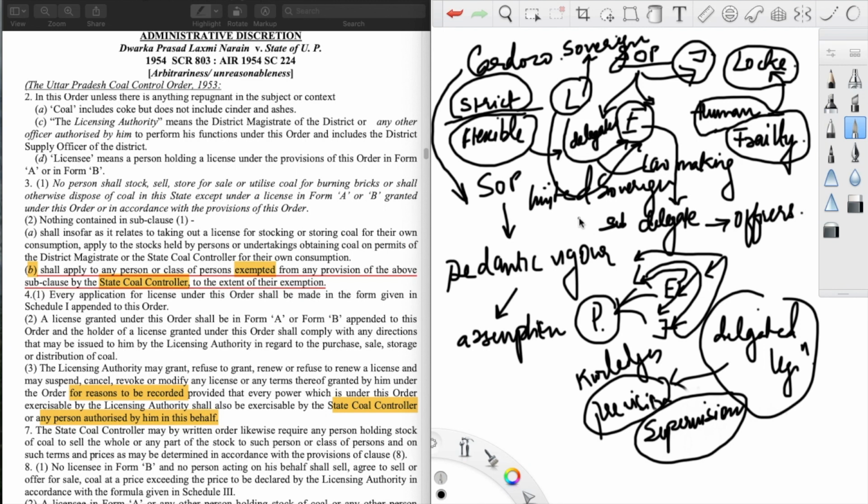It means they do not possess wholesome powers in the areas of lawmaking because they have certain limitations, and one of the limitations is the fundamental rights provided under the Constitution of India.